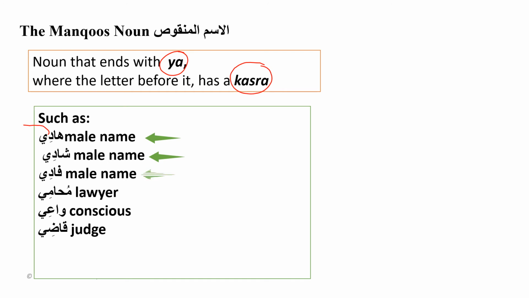Shadi, fadi, muhami, wa'i, qadi. Okay, so al-ism al-manqoos, the noun that ends with ya, and the key here, the letter before ya has to have kasra. We call it ism manqoos.